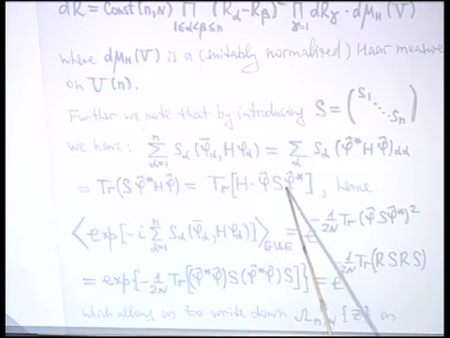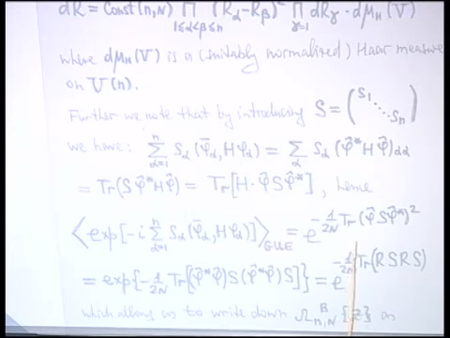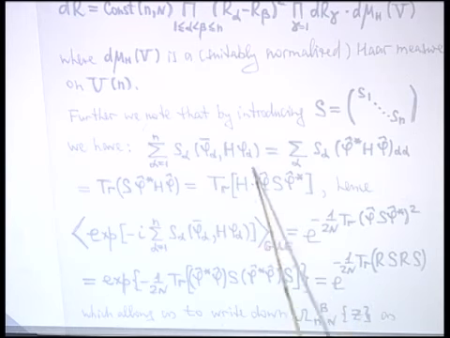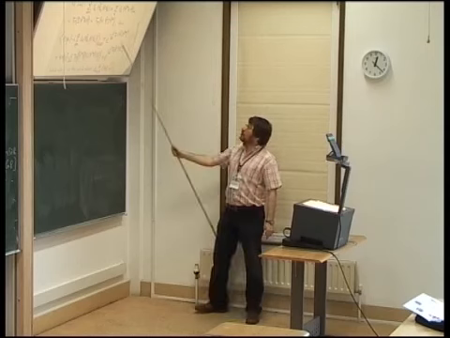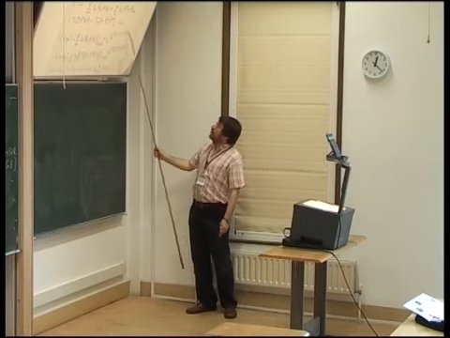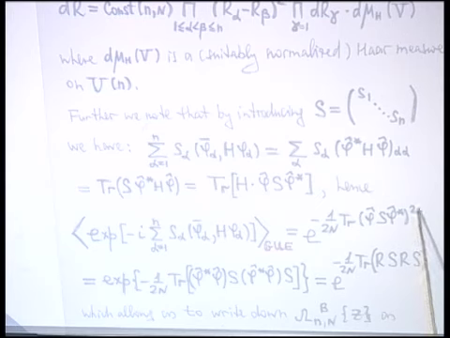Here, this S is taken care of. That's what Martin wanted last time. And then we see that the result of the ensemble average is again simple: it's minus 1/2 trace of this object squared. Again, it's not the trace of this object and then squared, but this object should be squared and then the trace should be taken.